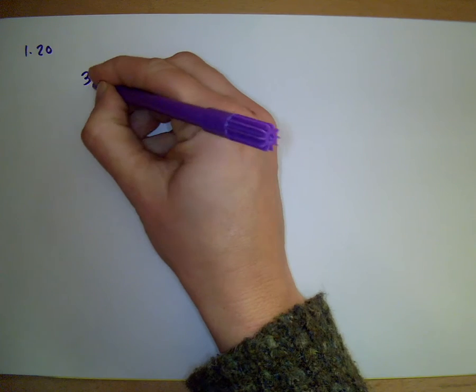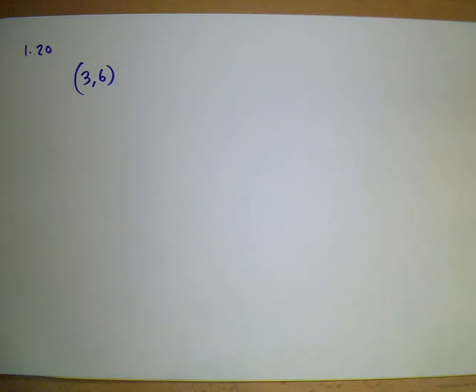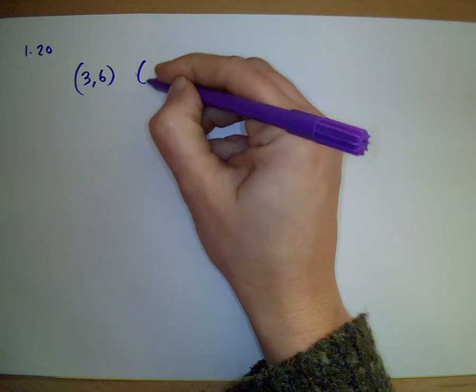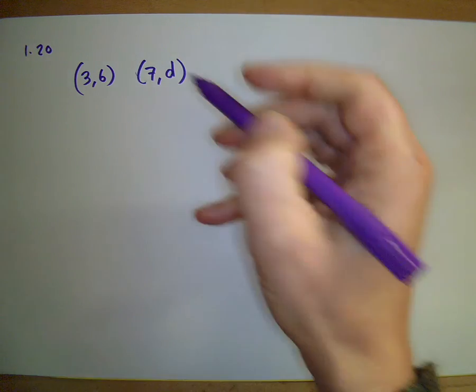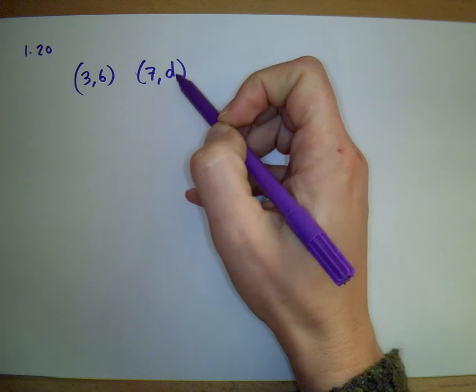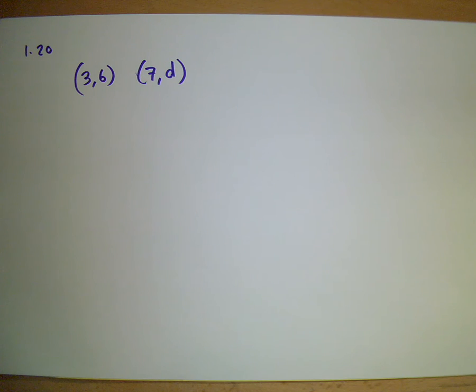Okay, so I'm going to do some examples on section 1.20, gradients. On page 29, there's number 7. Number 7 says we have a line joining this point to this point, 7, comma D. So this is not a number, it's an unknown, it's a variable.